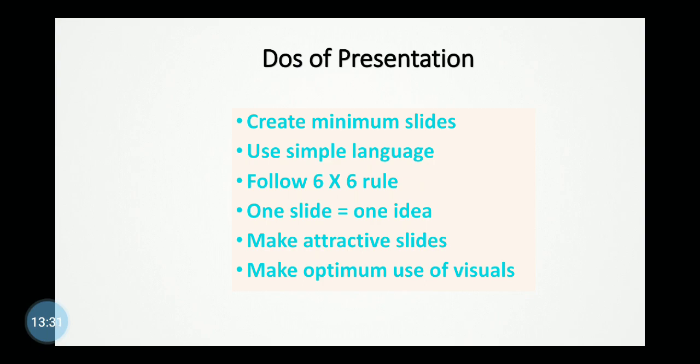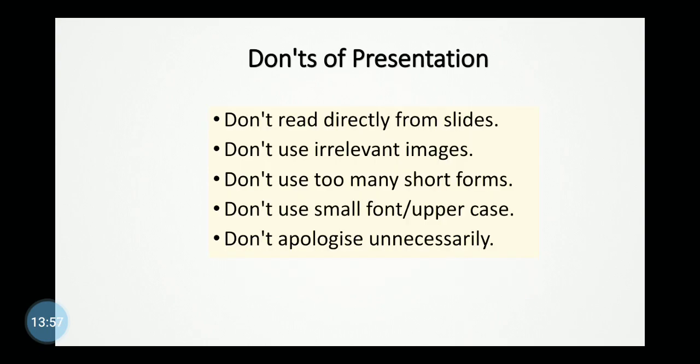The 6x6 rule means that your slide should have 6 lines maximum and each line should consist of 6 words, not more than that. One slide should have only one idea. Make attractive slides so that you can grab the attention of the audience and make optimum use of visuals, not too much. Now here are don'ts of presentation.